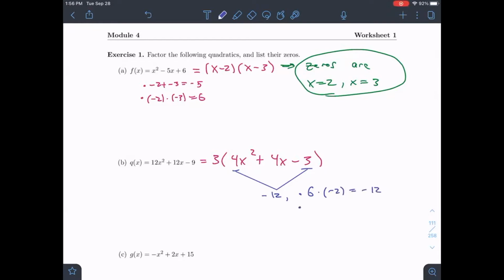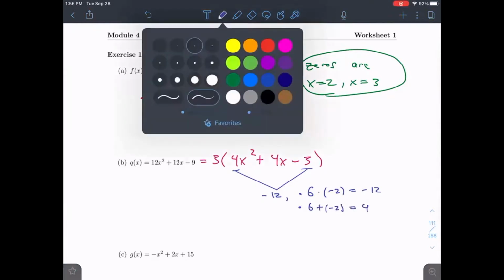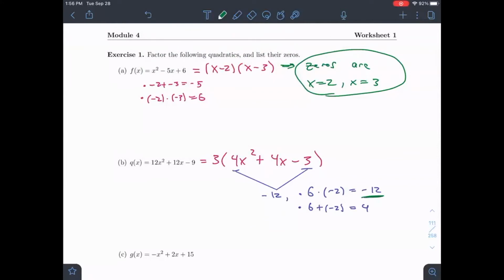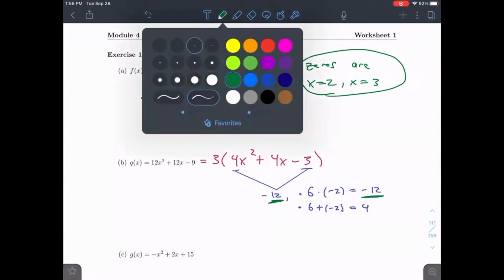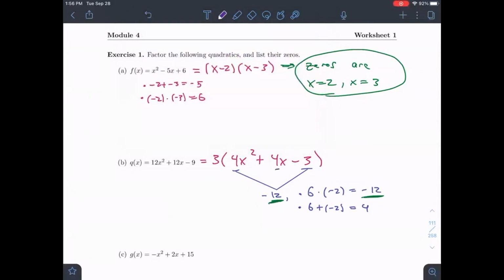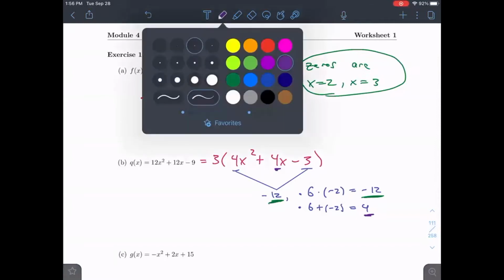And then if you add 6 and negative 2, this is going to be equal to 4. So maybe I should color code this. So minus 12, we need these two numbers to multiply into. And then we needed them to add into 4 as it's the coefficient of x, just as we were doing in example 5 pretty much.